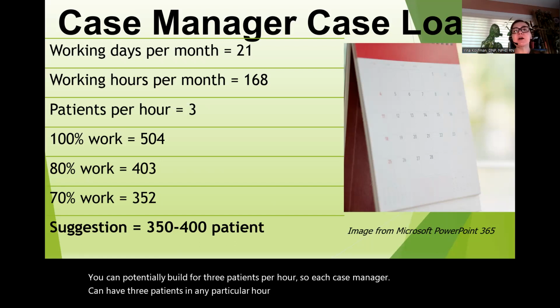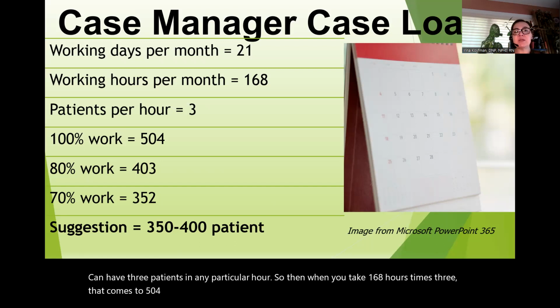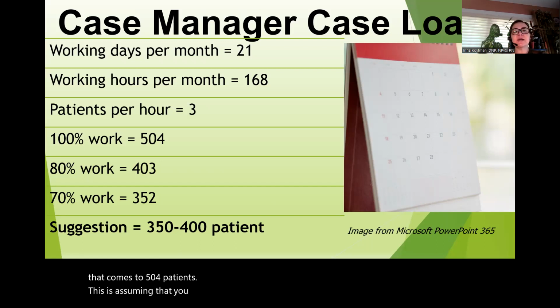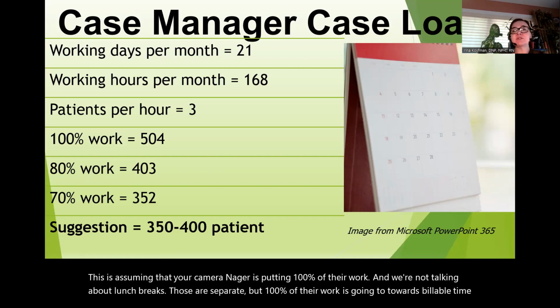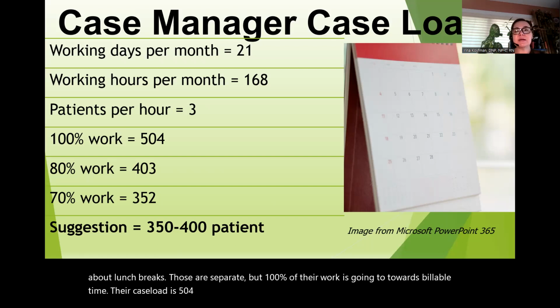So when you take 168 hours times 3, that comes to 504 patients. This is assuming that your care manager is putting 100% of their work, and we're not talking about lunch breaks, those are separate, but 100% of their work is going towards billable time. Their caseload is 504. Well, we know that that's not reasonable and not practical.